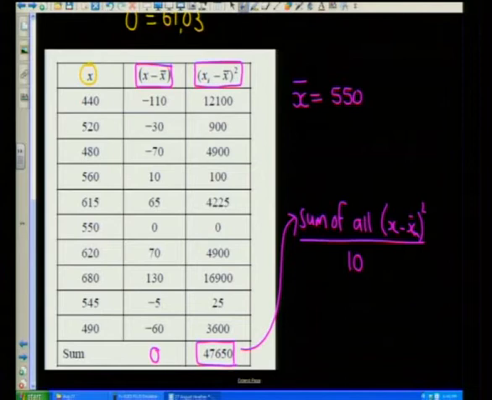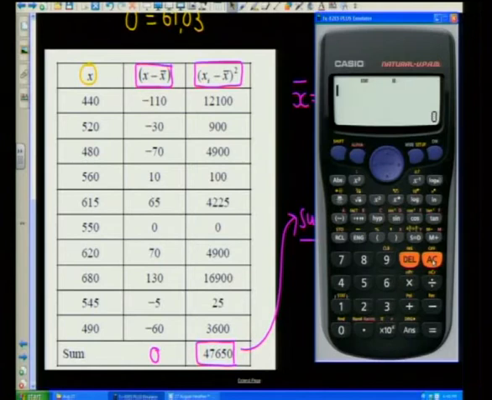And finally, we take that number, 47650, so let's go to our calculator, and we divide it by 10. Now, if we square root that, we get the same answer that we got before of 69.03.